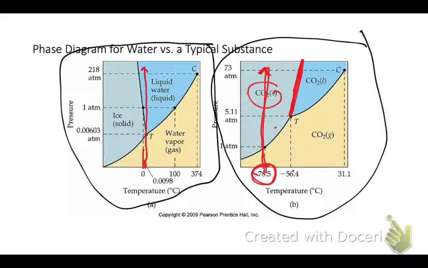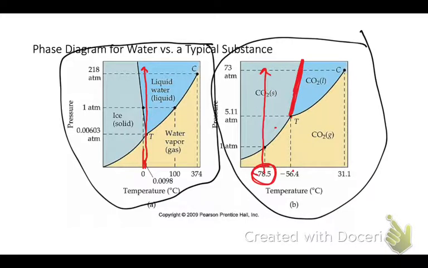While for water, if you remember the diagram we have seen earlier, at 4 degrees Celsius water has the highest density and it's in a liquid state rather than a solid state. So the reason why water is different is that water is the only substance whose solid can be less dense than its liquid.